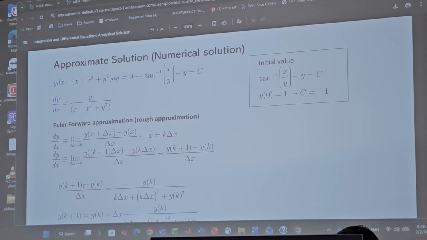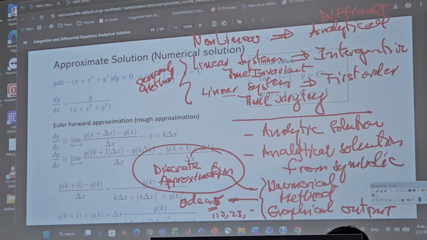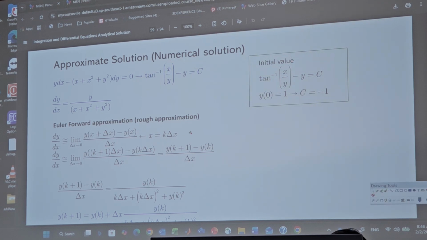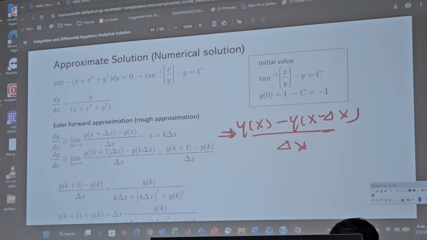Sometimes you have this one as well, with x minus delta x. I also mentioned this one, but this one goes backward.